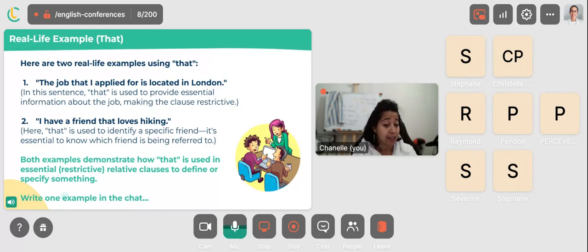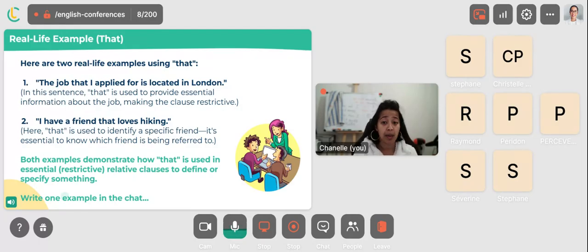I have a friend that loves hiking. Here, that is used to identify a specific friend. It's essential to know which friend is being referred to. Both examples demonstrate how that is used in essential, restrictive, relative clauses to define something or specify something.